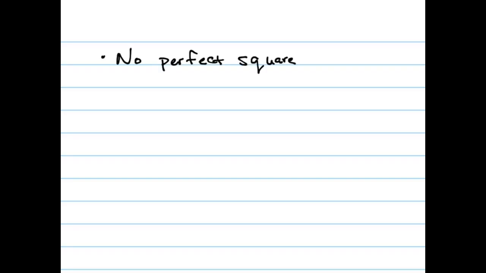If there's a perfect square that goes into the number under the radical, then we have a way of simplifying that, and we'll work on that today. No perfect square factors in the radicand. Remember, the radicand is the number underneath the radical. So that's rule number 1.